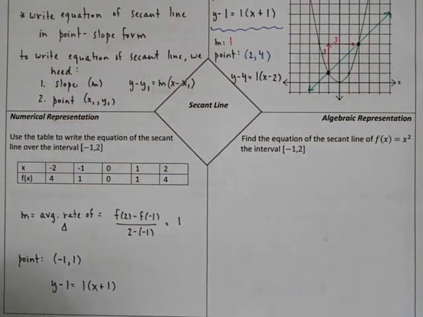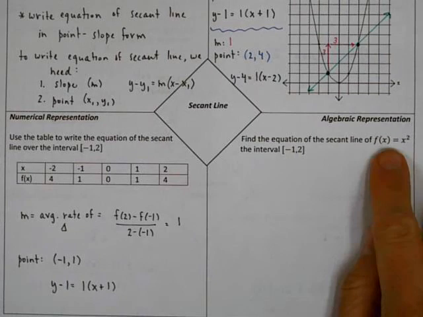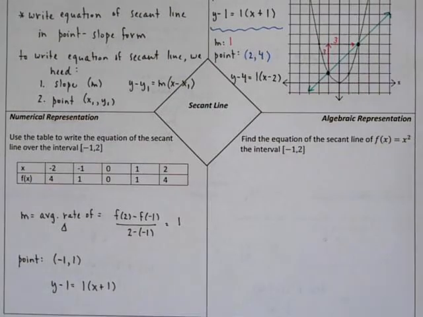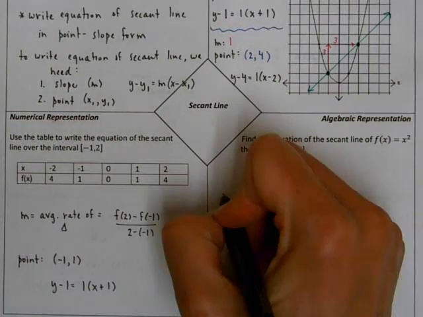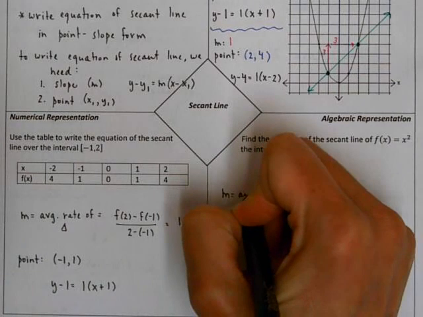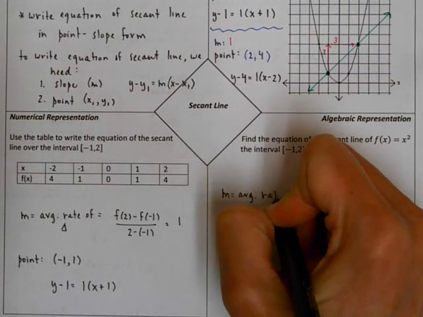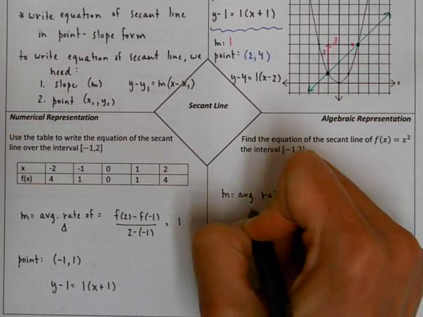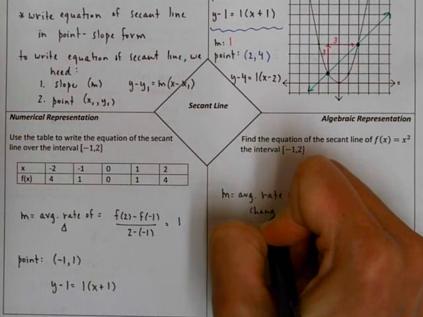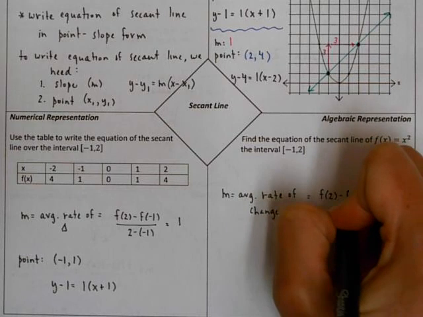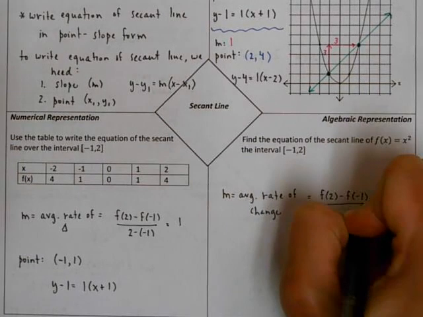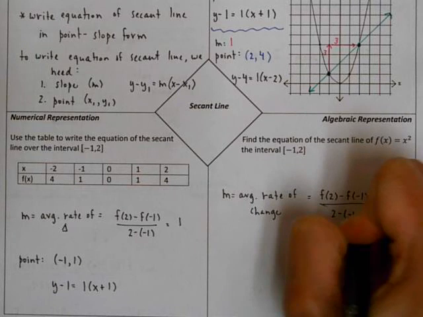All right, the last way again now is if we had our algebraic representation. So we're given the actual function and an interval. So again, the idea, we're still finding the same information. Our slope, which is our average rate of change, we would find the same way we've been doing, which would be our f of 2 minus f of negative 1 over 2 minus a negative 1.